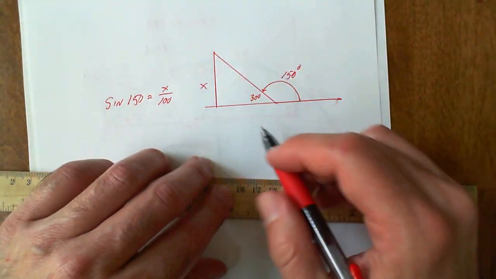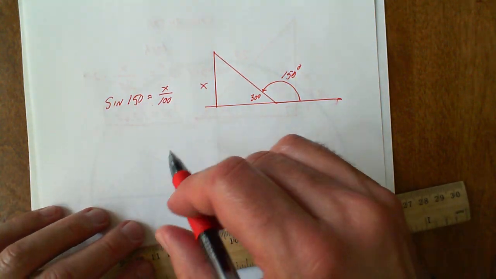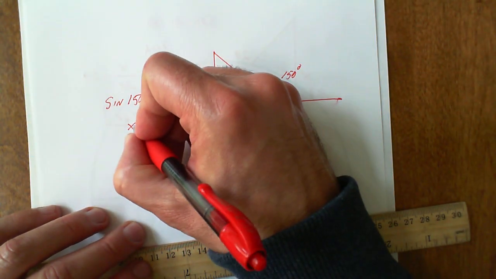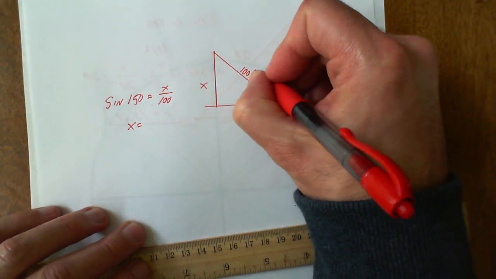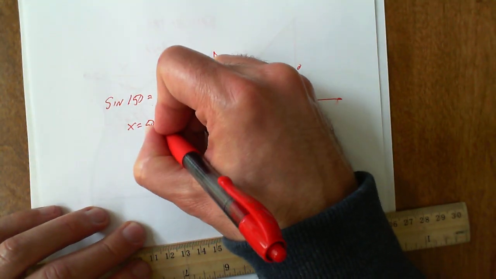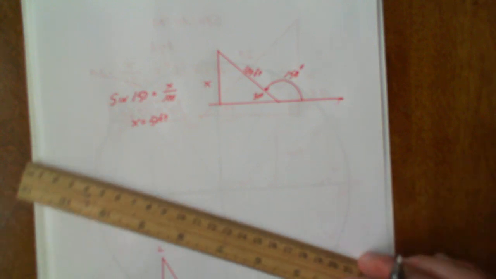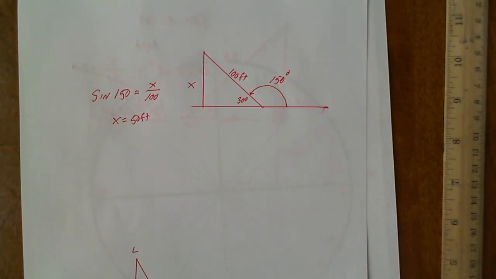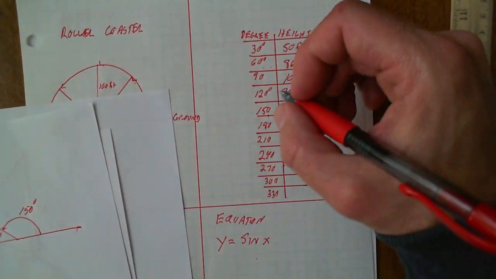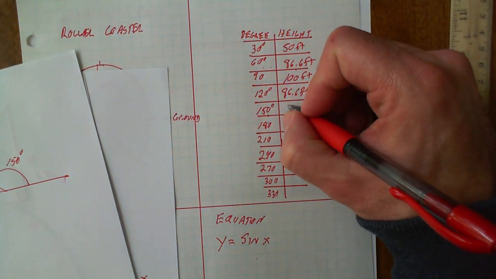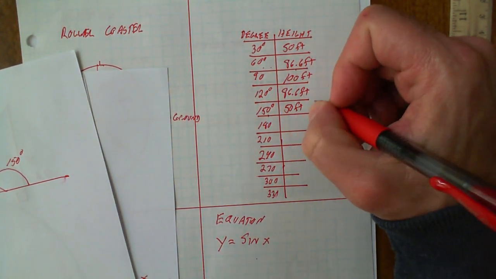And if this is my x, I can calculate this sine 150 or sine 30. I'll get the same answer. You'll calculate that. You'll get x equals, this is 100 feet, equals 50 feet. So let's get to our table here. 150 degrees. The guy is 50 feet high.